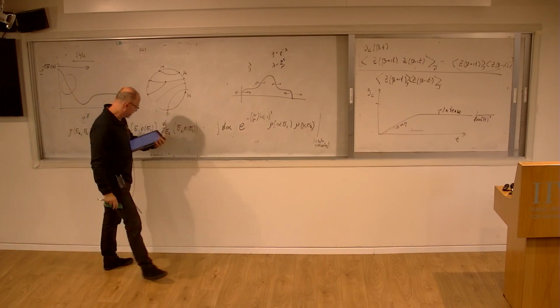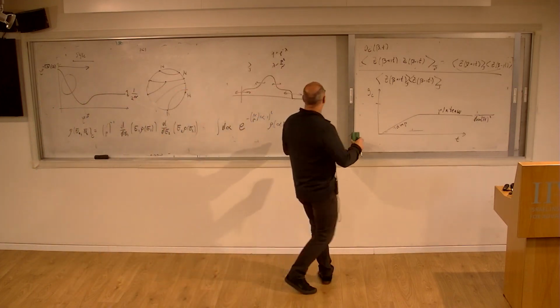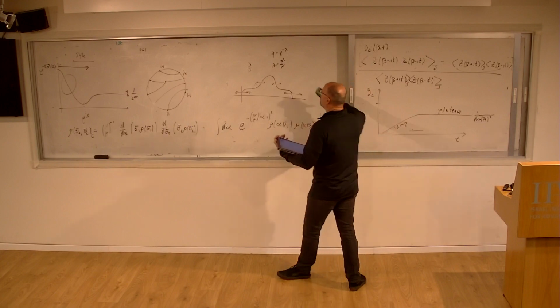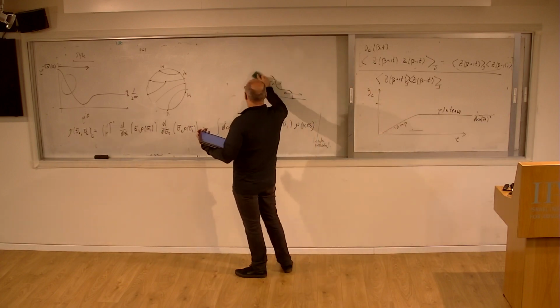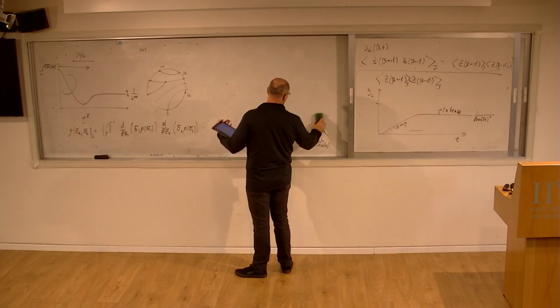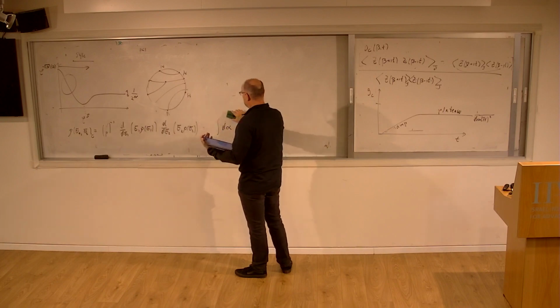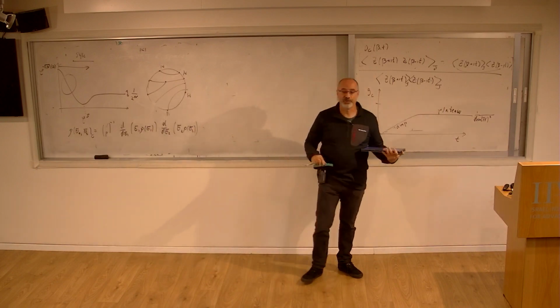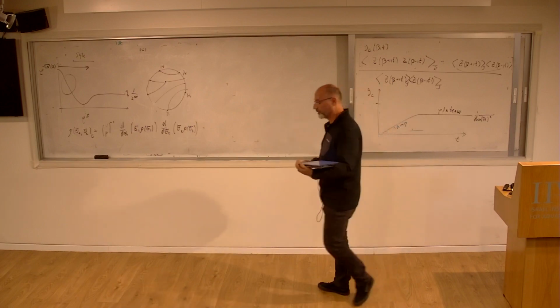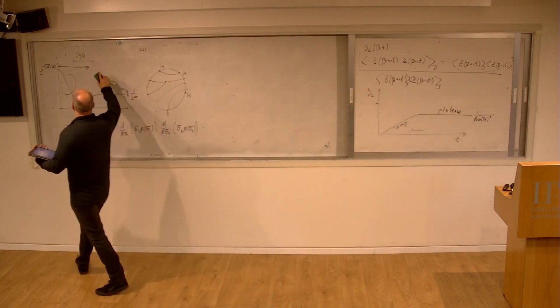Okay, so I want to go back to space-time and substantiate a little bit more this story that the chord diagrams build up AdS2. So I'm going to start with the picture.